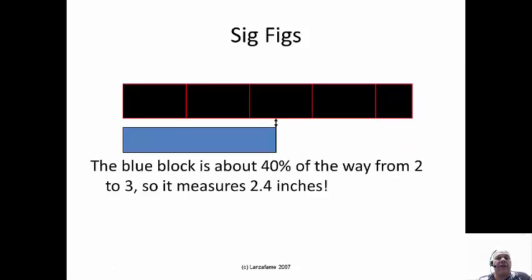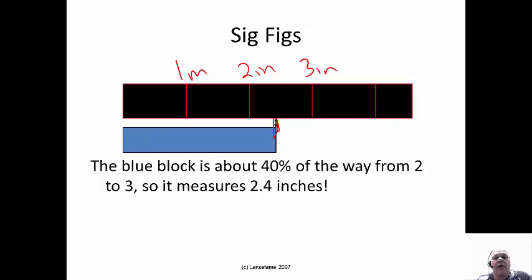And you can see this if I actually try to measure something. I'm now going to try to measure this blue block using my 1 inch ruler. Notice the edge of the blue block is more than 2 inches, but less than 3 inches.